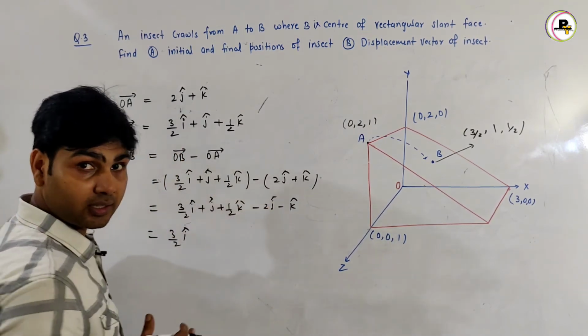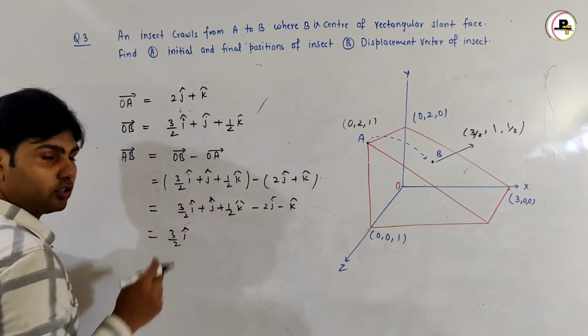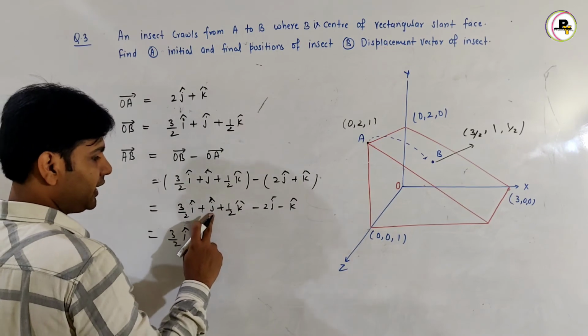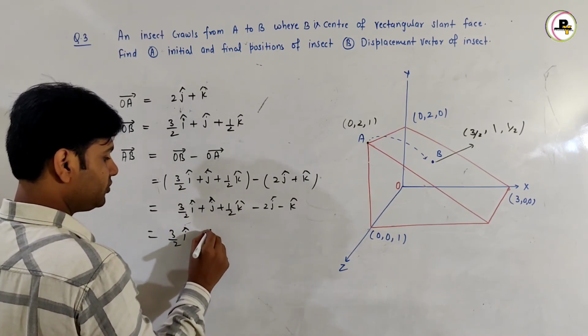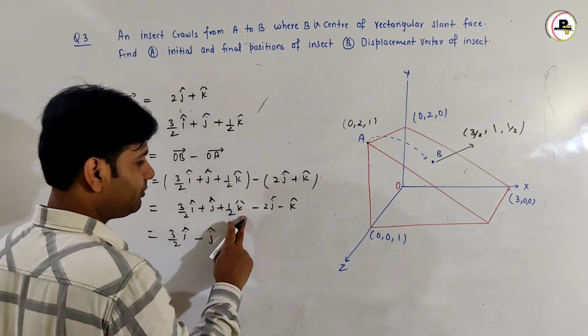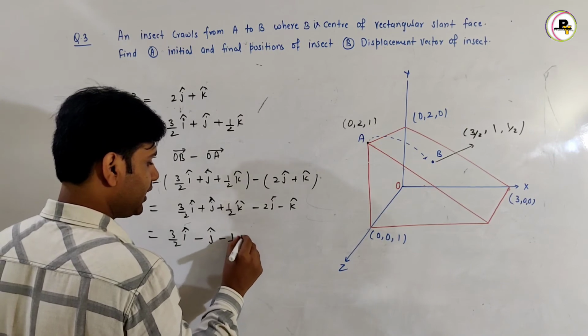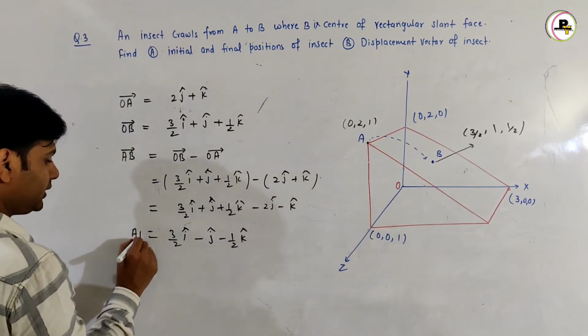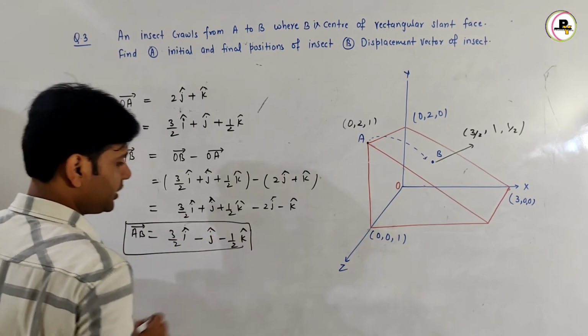There is no other i component, or no other x component. Now here I have j cap minus 2 j cap, so it will become minus j cap, and here I have half k cap and minus k cap, so it will be minus half k cap. This is the AB vector. This is the answer of this question.